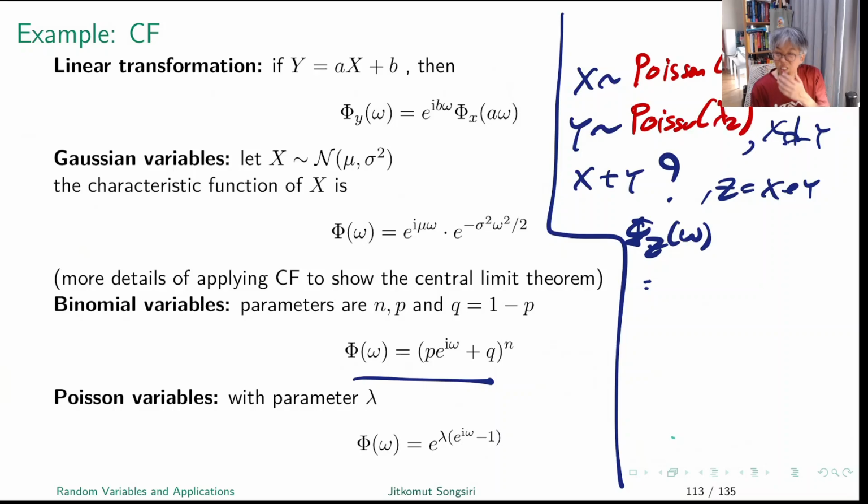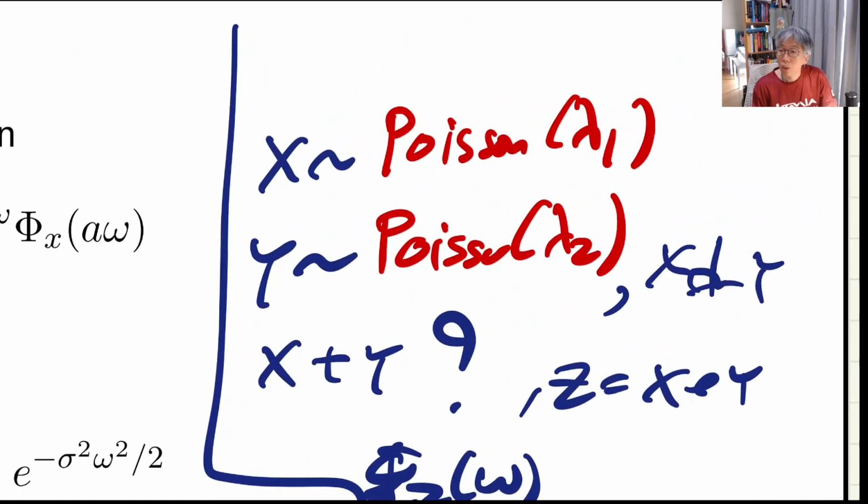You can think of these X and Y as the number of car accidents. X is the number of accidents at junction X, and Y is the number of car accidents at junction Y. And these two junctions have different rates of events.